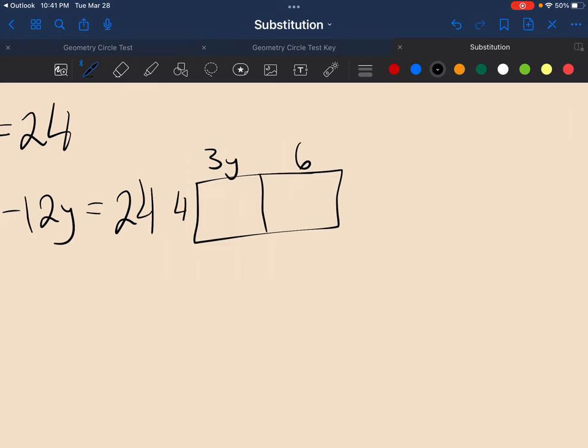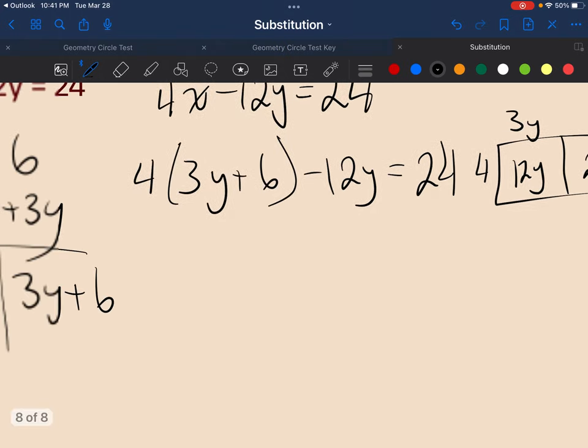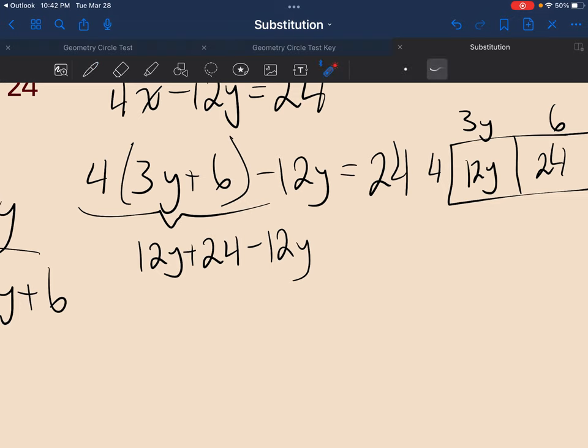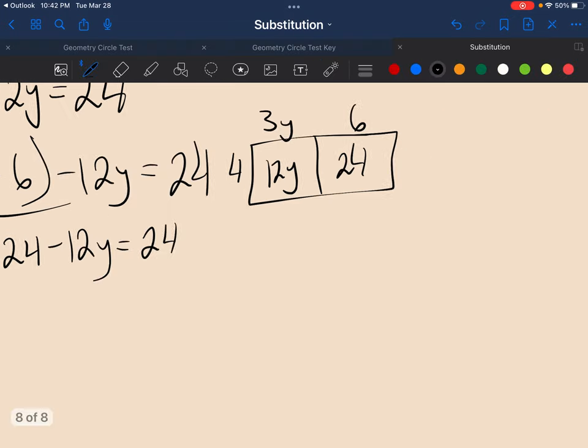Now we're going to multiply the numbers to get the numbers inside of the box. So 4 times 3Y is 12Y. 4 times 6 is 24. So this becomes 12Y plus 24. Minus 12Y, I'm just bringing down the rest of the equation, equals 24.